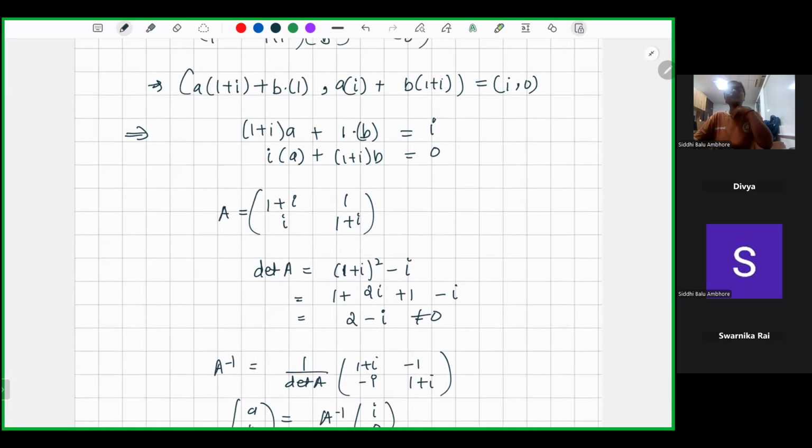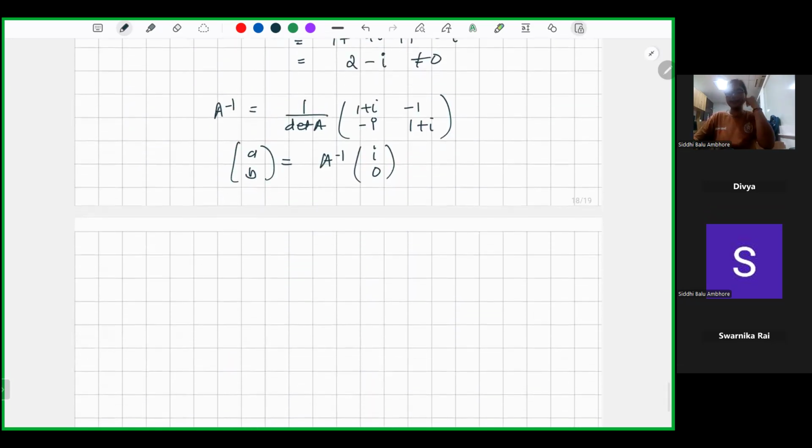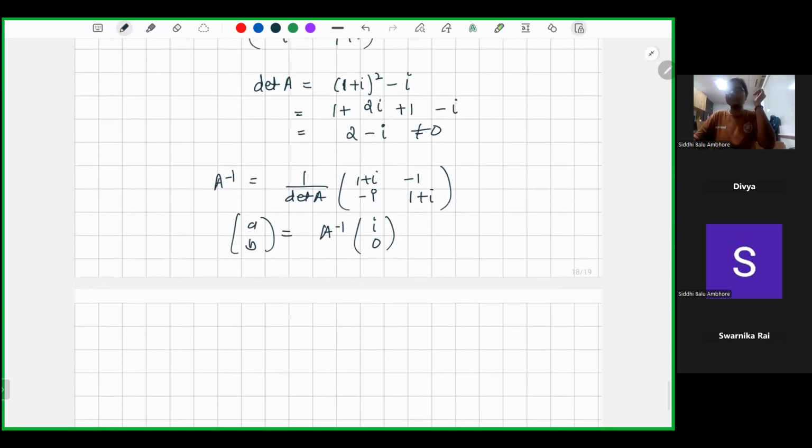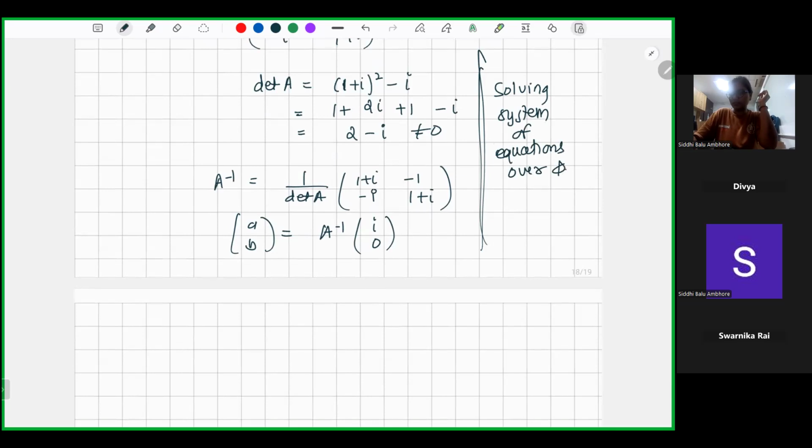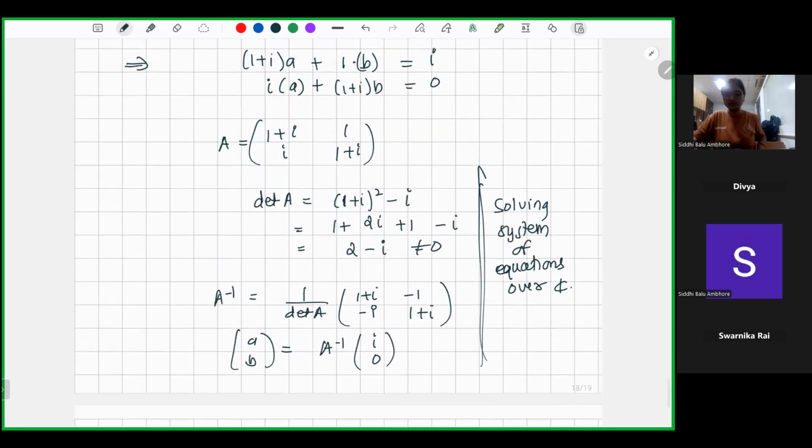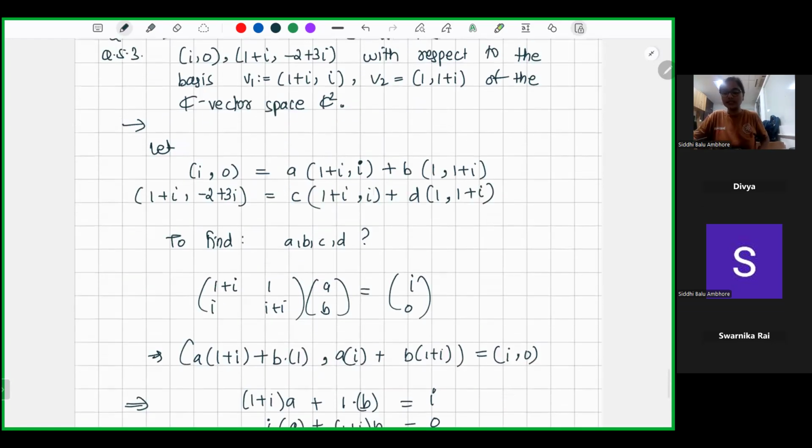Is that okay? I do not want to go into the detail. This is just solving a system of equations over C. Any doubts, please let me know. Similarly, you can do this for C and D also.